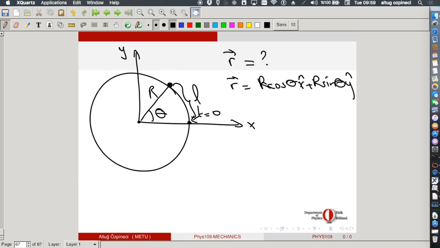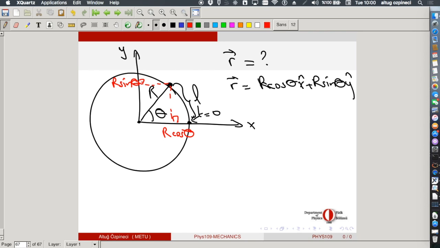Do you agree? Well, what we do is we just draw these parallel lines to the y and the x-axis. The position of this point is r cosine theta, and the position of this point is r sine theta. So it is r cosine theta in the x direction, r sine theta in the y direction.